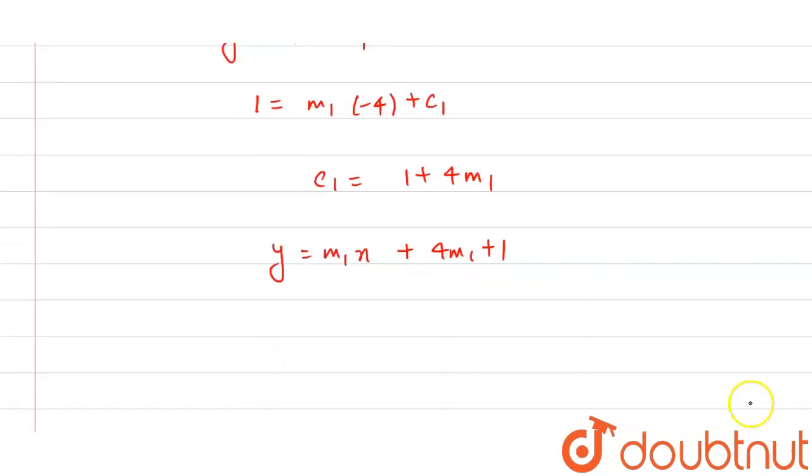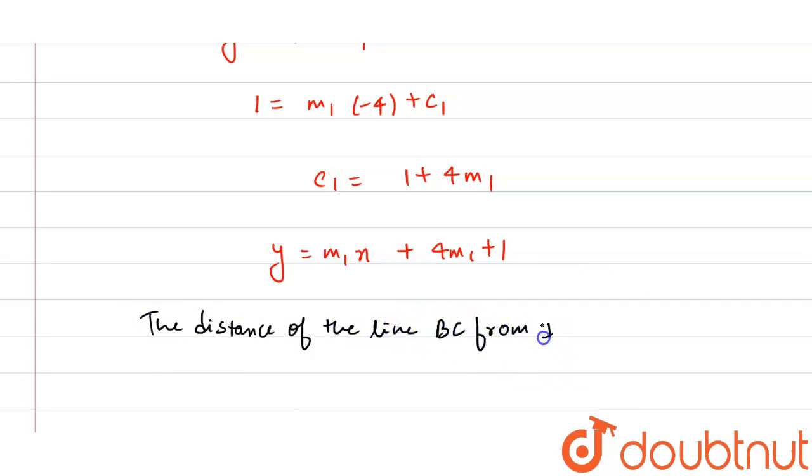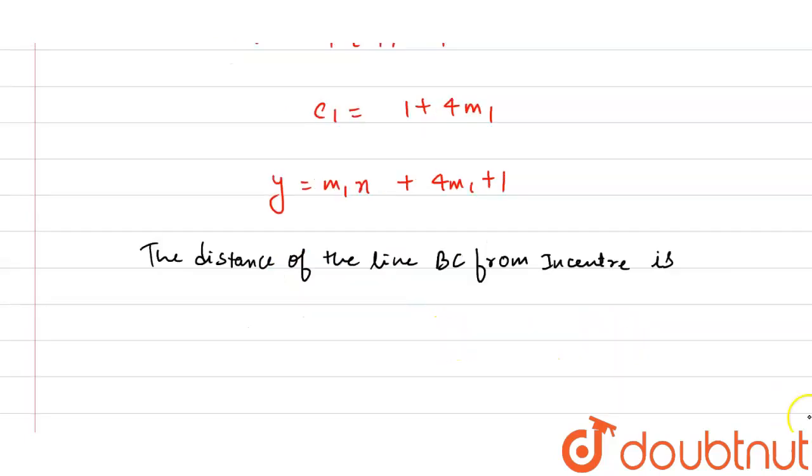Now we can say that the distance of the line BC from the incenter, from 2, 5, is equal to r. So the value of r is equal to 4.